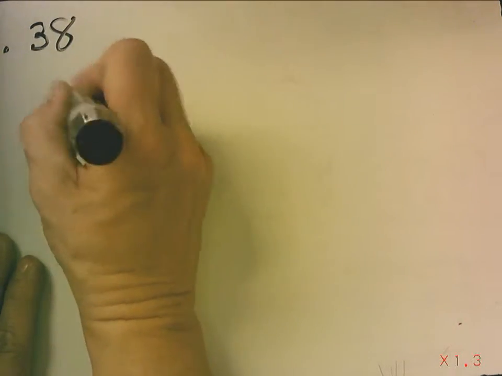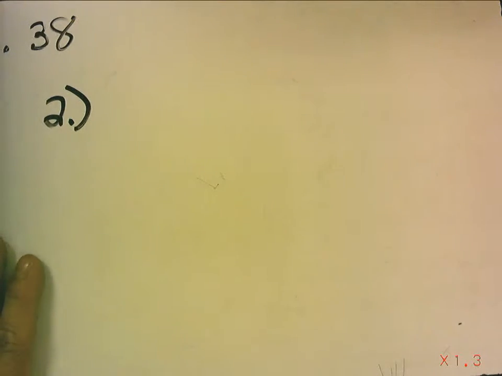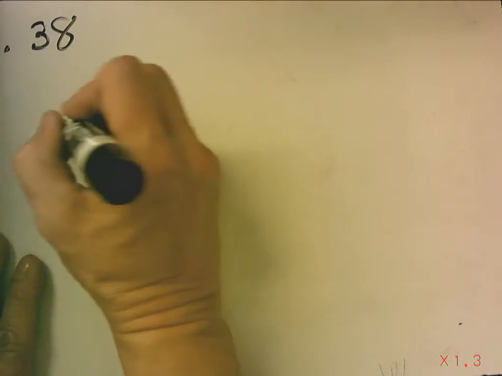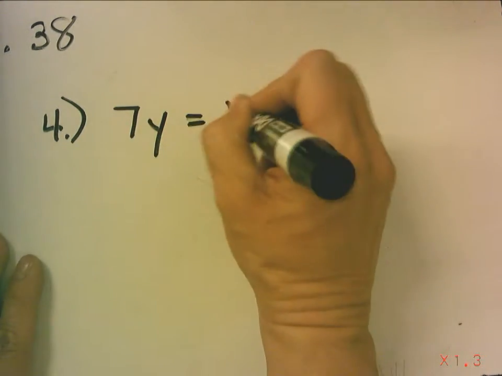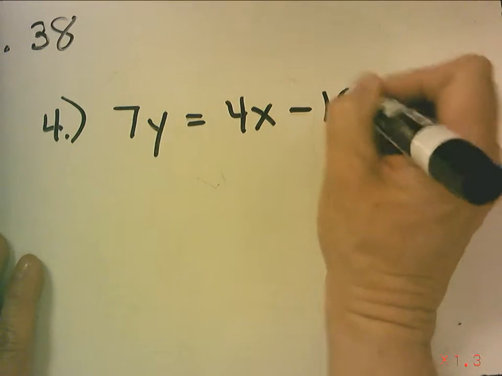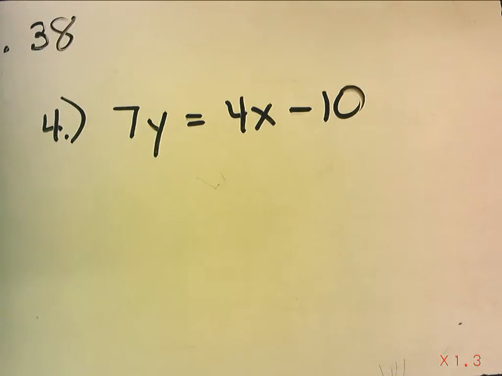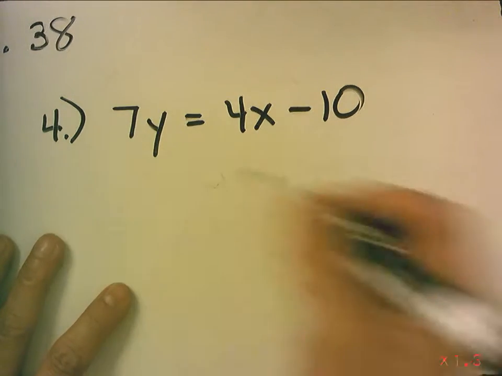So we'll try another one of these. Number 2 is pretty straightforward. So let's look at number 4. Now, number 4, I can't use the cover-up method because x and y are not on the same side.